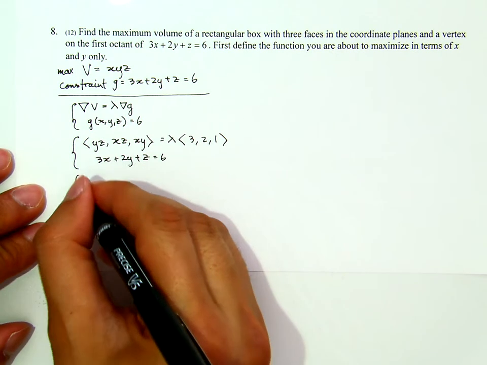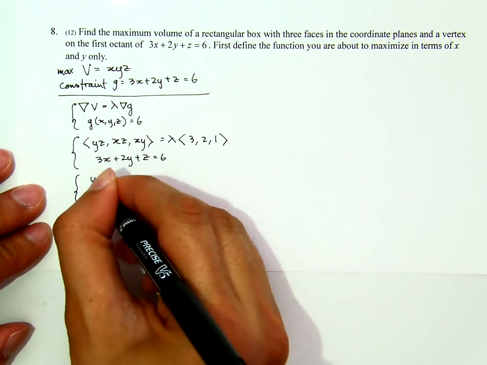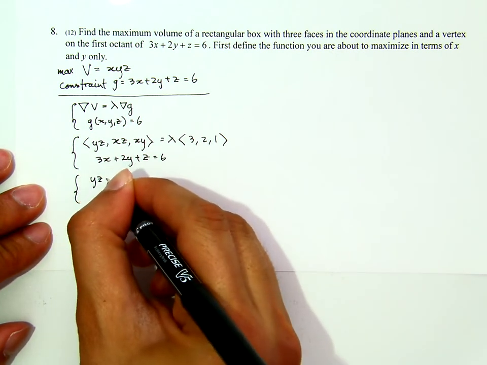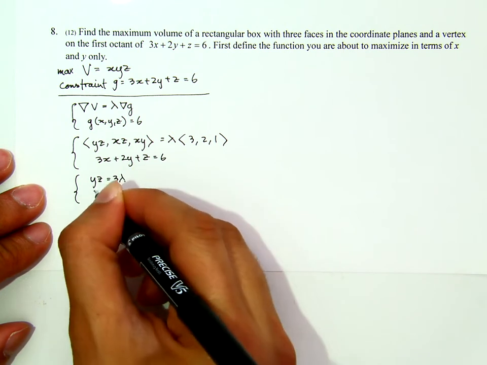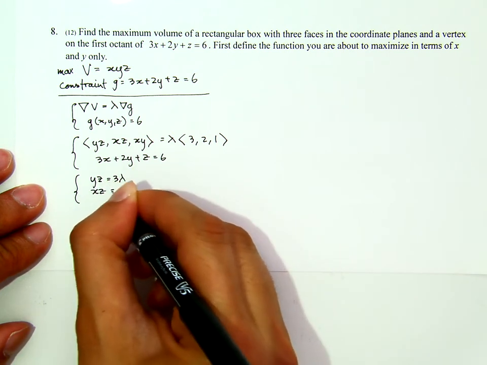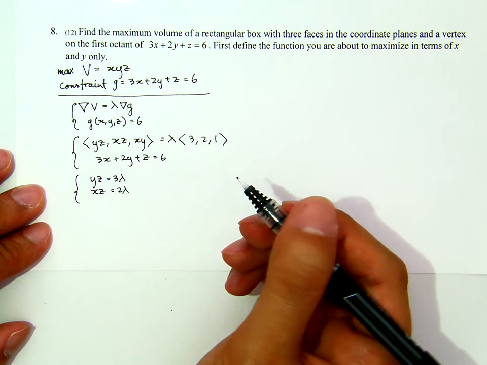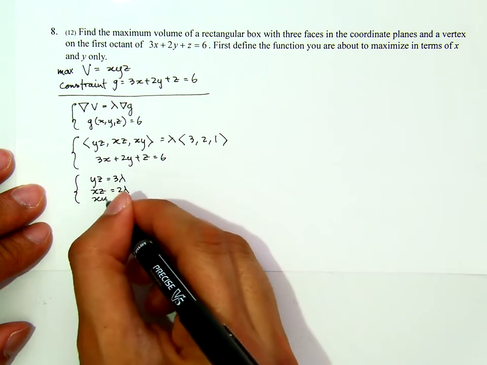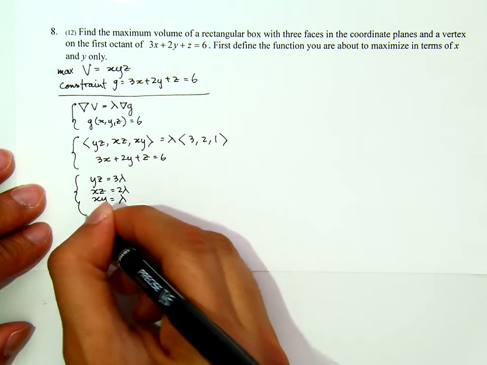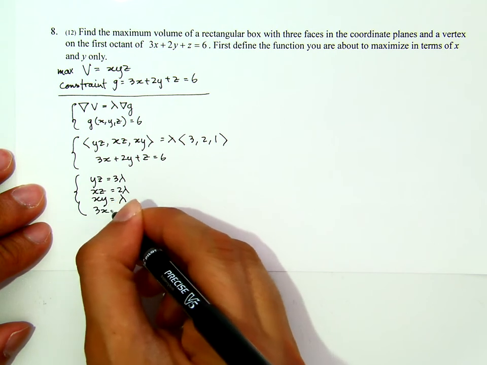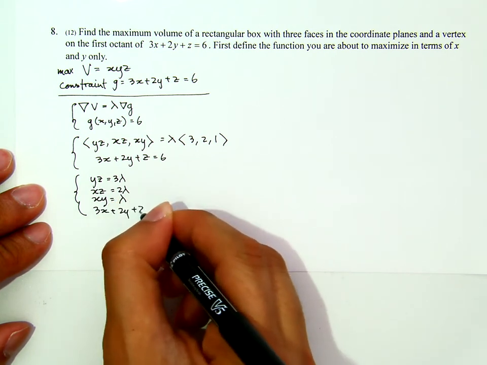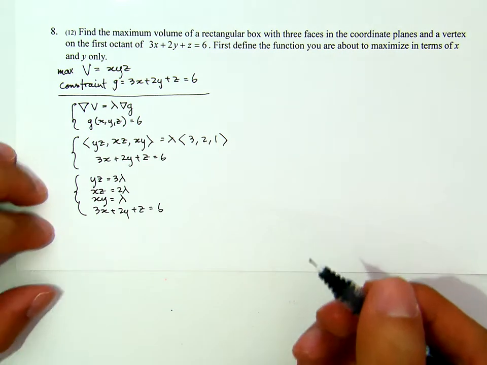Now let's put them together. yz = 3 lambda, xz = 2 lambda, xy = lambda, and 3x + 2y + z = 6.